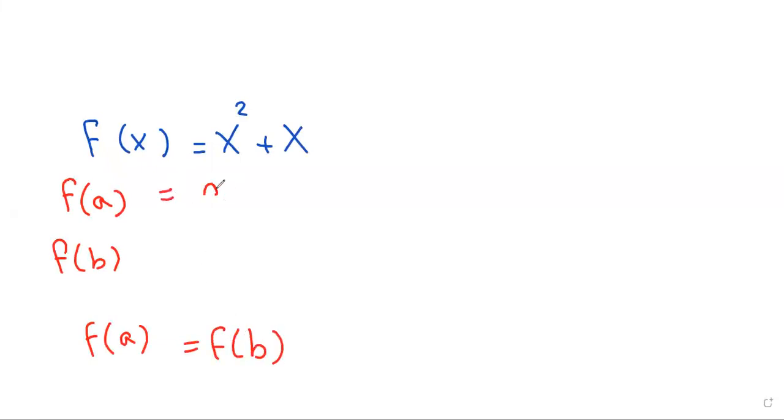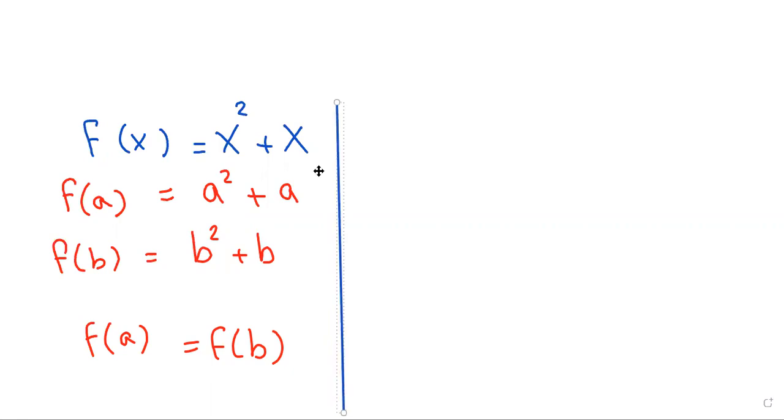So f of a will be a squared plus a, and f of b will be b squared plus b. Okay, and we will write f of a equals f of b, so a squared plus a equals b squared plus b.